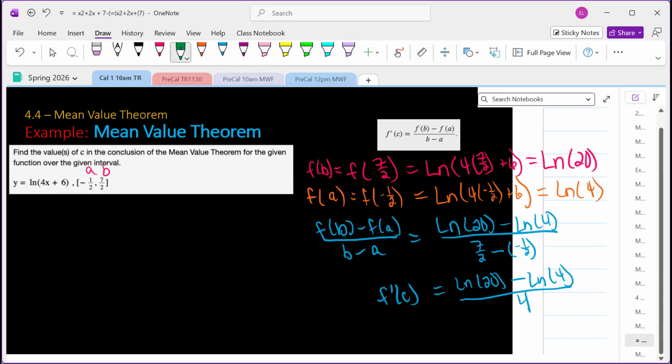So now we need to find the derivative. So the derivative of natural log of something. The derivative of natural log of u is 1 over u times du dx.